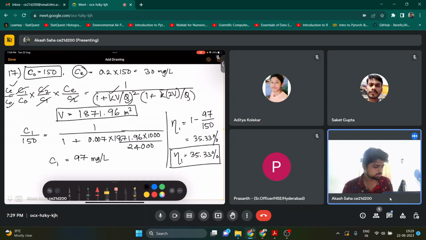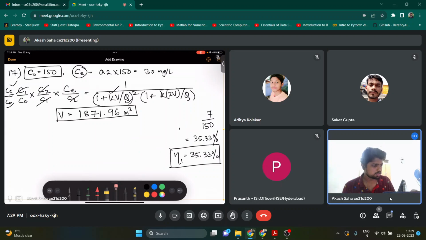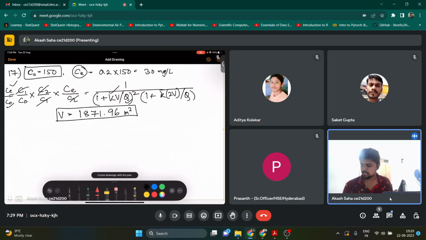Can you solve and tell me the efficiency of the second reactor? Just substitute the values for the second reactor and tell me what will be my efficiency. For the second reactor, again we will write C2 by C1.